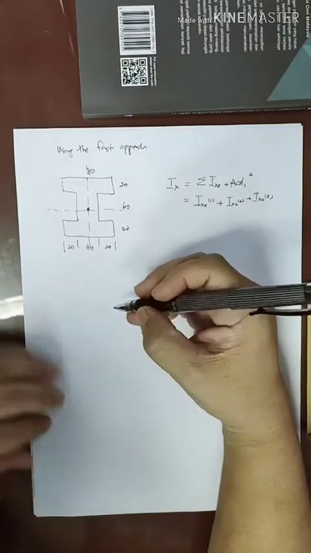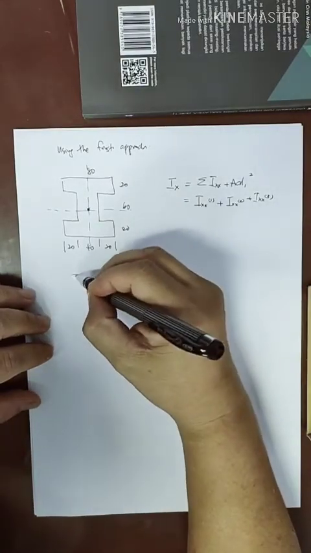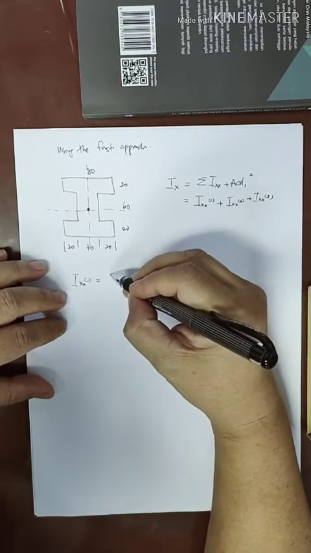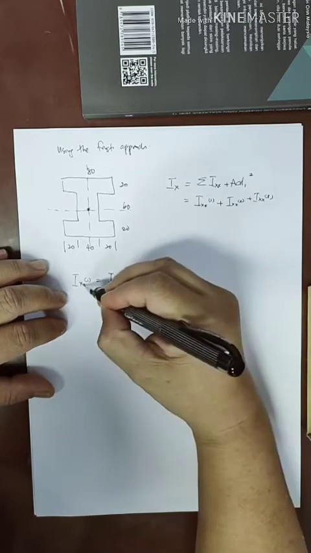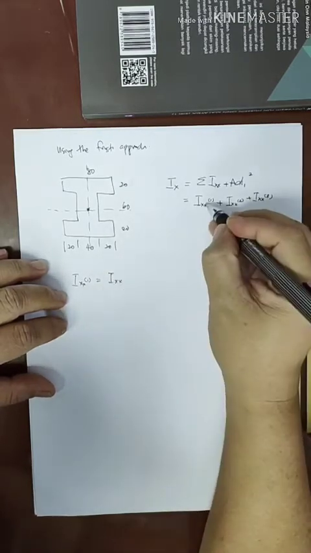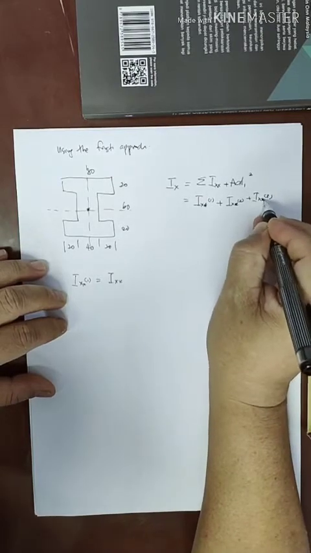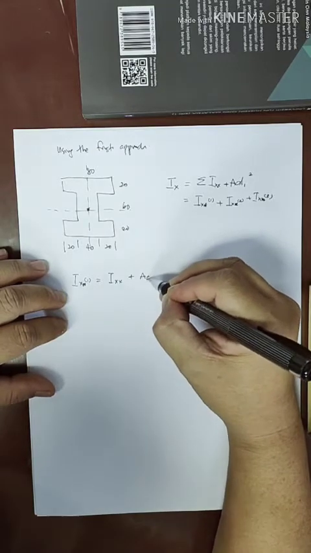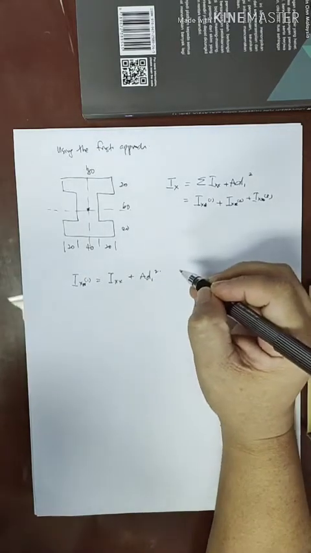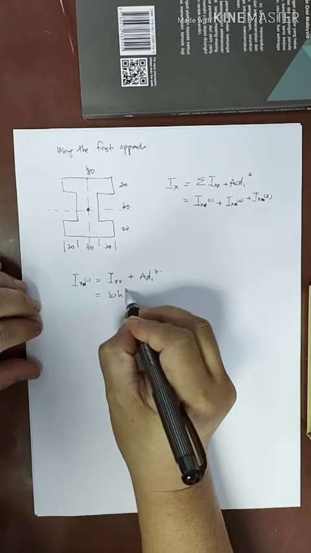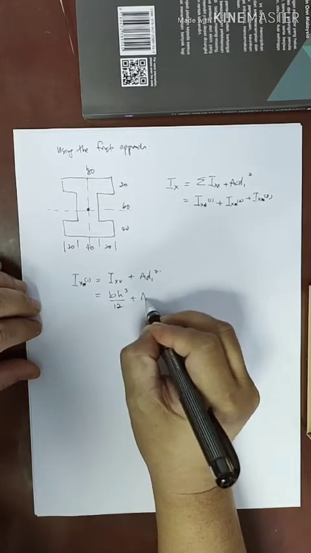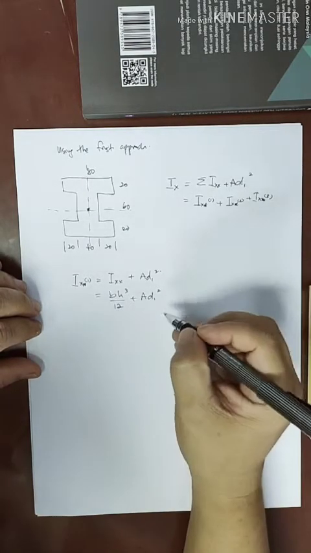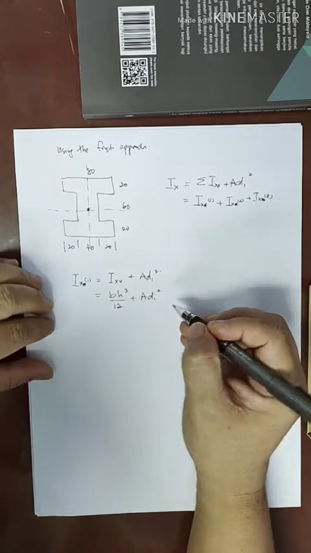So what is the Ix1? Again, the equation is Ixx plus A d1 squared. This is referring to bh cubed over 12 plus A d squared. So what are the d?